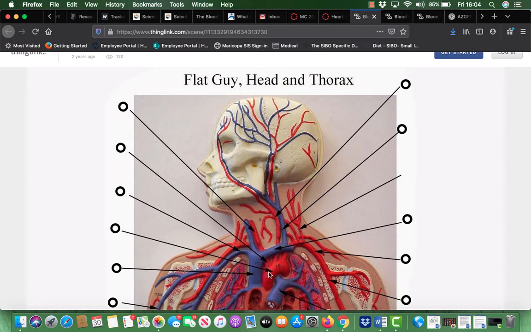But the nice part is, now that you know that, for the right side here, the brachiocephalic is going to branch into the right common carotid. So here we go, right common carotid artery. And you can probably guess now, the right subclavian. That is the right subclavian, okay?